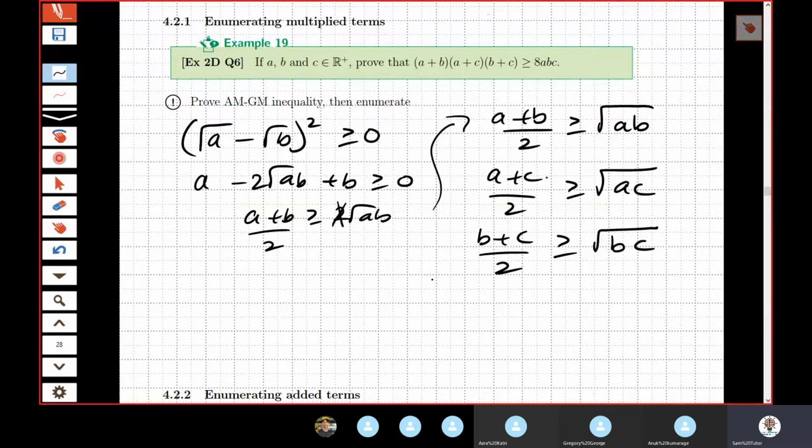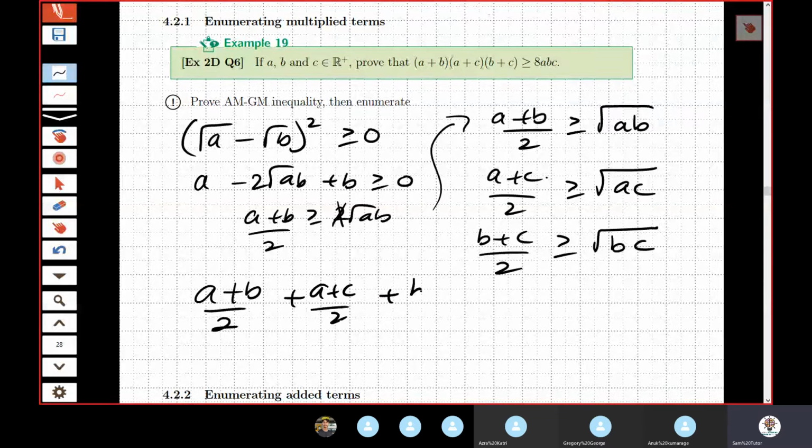Anouk? Would you add them all together, like the last one? You think so, though? So look, a plus b on 2 plus a plus c on 2. Do you think that looks right? No. So what are you going to do? Or would you times the 2 over? Yeah, that makes more sense, doesn't it?